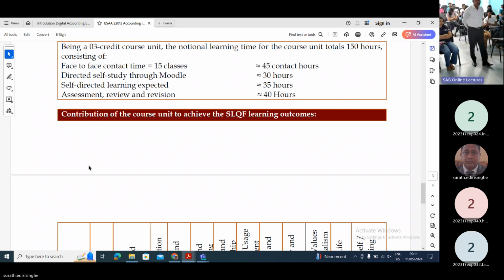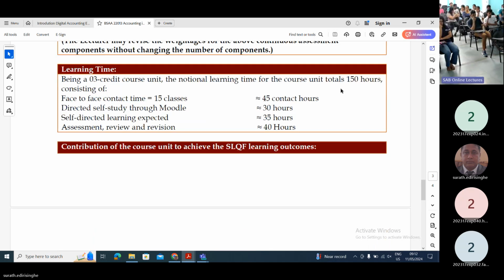Any issues regarding the assessment method, the number of hours allocated? Anyhow, students get 150 notional learning hours. So students should work around 150 hours on this subject only.